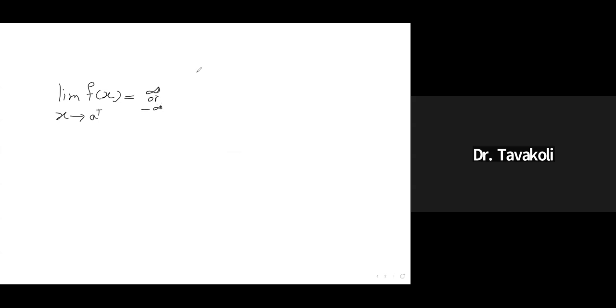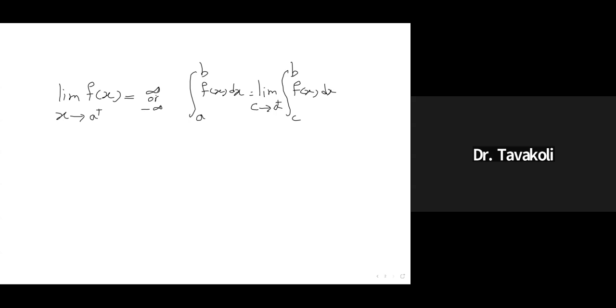Then to find the integral from a to b, in an actual example, a and b are given numbers, I replace a by a letter like c, and let c tend to a from the right side. And I calculate the integral from c to b of f of x dx. So after calculating it, we get something in terms of c, and then I let c tend to a from the right side and find the value of the integral.